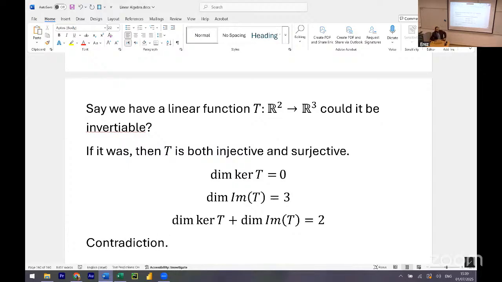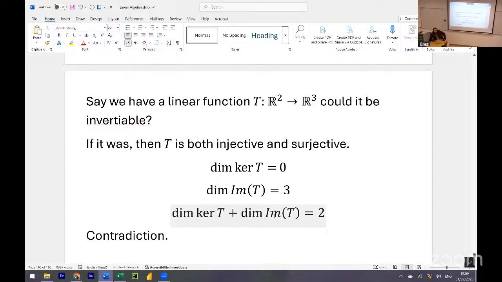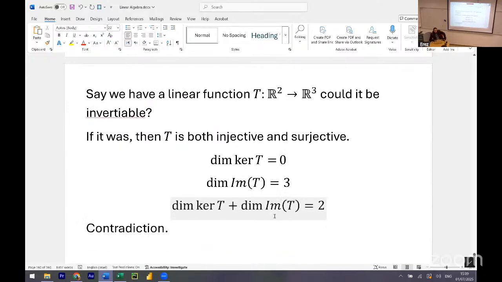It could not possibly be an invertible function because one of the things here will not work. Which is the one that is more problematic? In this case, the image. The image, yeah.